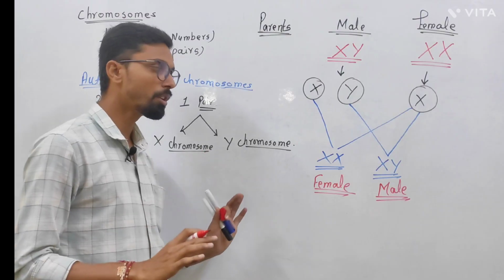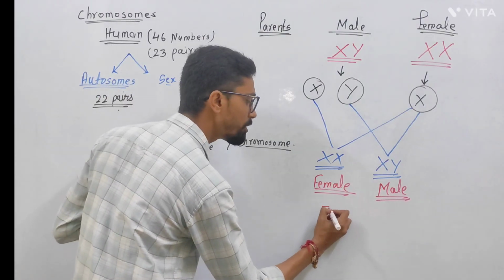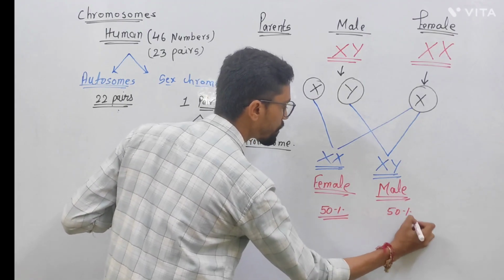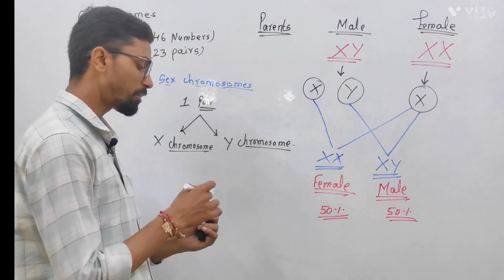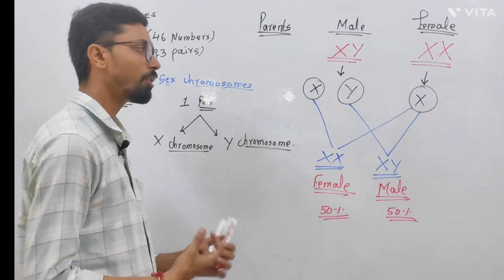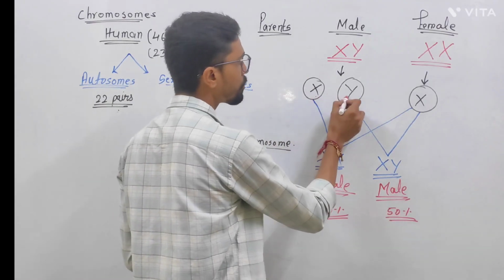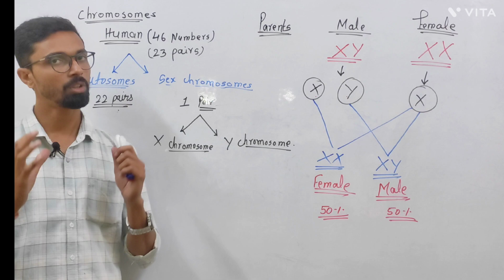So what you need to understand is that there is a 50% chance of female and a 50% chance of male. If X comes from the male, it becomes a female.